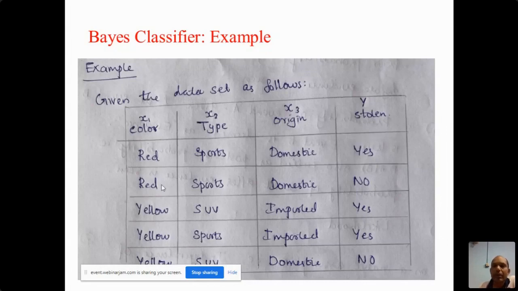Now the second data point, in this training data set where we have 5 data points, says that the color is red, type is sports, and origin is domestic, and it is not stolen. In this way, the yellow SUV imported is stolen. So 5 data points are there.